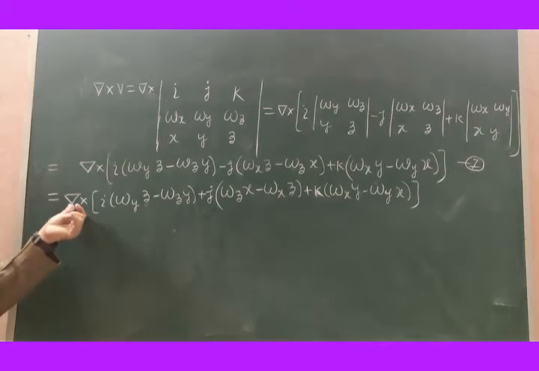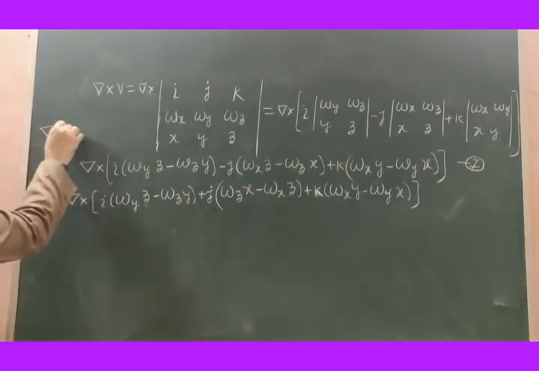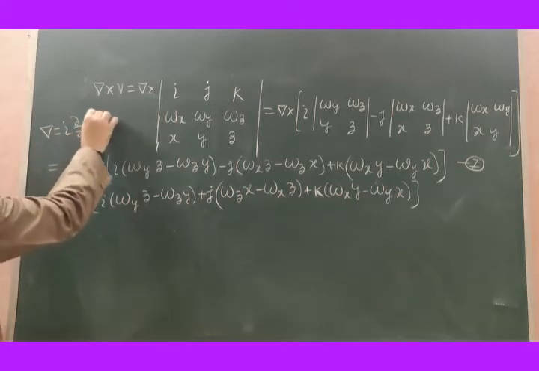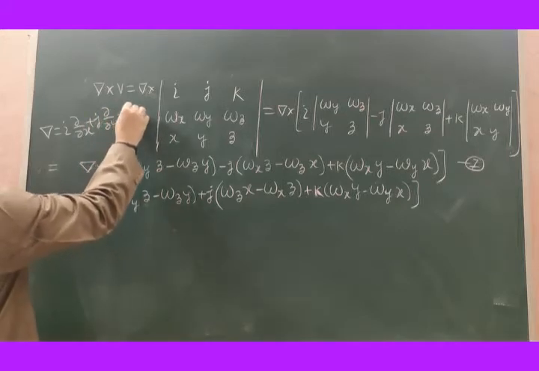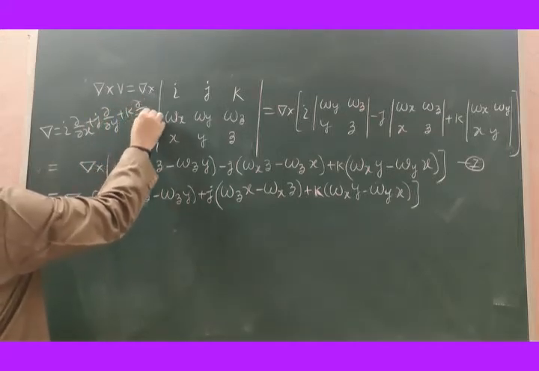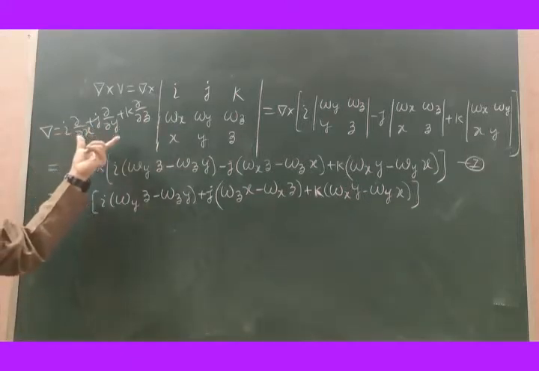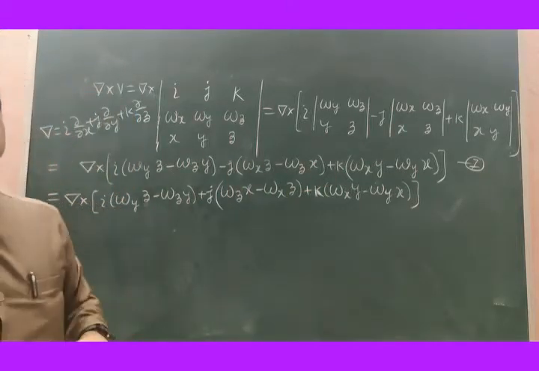Del cross is a vector. What is del cross? What is del? Del is i dou by dou x plus j dou by dou y plus k dou by dou z. So let us use this for del, which will be one vector. The whole square bracket is one vector.